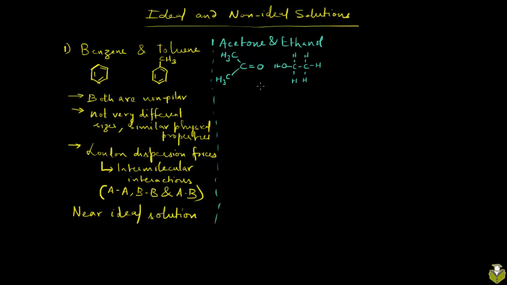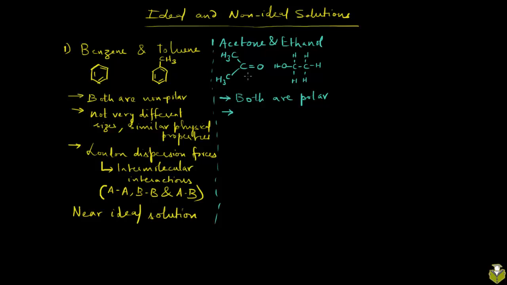When you look at these molecules, the observations that we can make are that both are polar molecules. In acetone, you clearly have a dipole because you have two lone pairs of electrons on oxygen that are not part of this double bond, and because of which this acts as the negative end of the dipole. In ethanol, of course, because of this polar OH bond, you're going to have an extensive network of hydrogen bonding between the ethanol molecules.